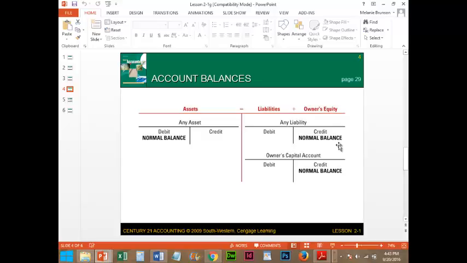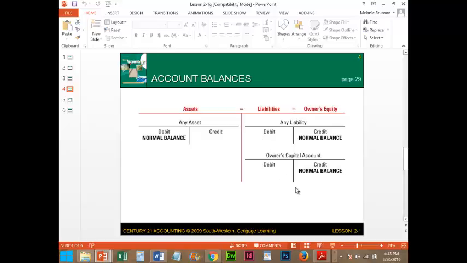So if I owe you some money, instead of recording it as a little plus 500 or whatever amount I owe you, I'm going to just record 500 on the right side of the T account. I record it as a credit. My liability is growing with credits. If I pay off some of what I owe you, I record that amount as a debit. And again, just be patient with your brain. It's going to take a couple of weeks for this to really click for you.